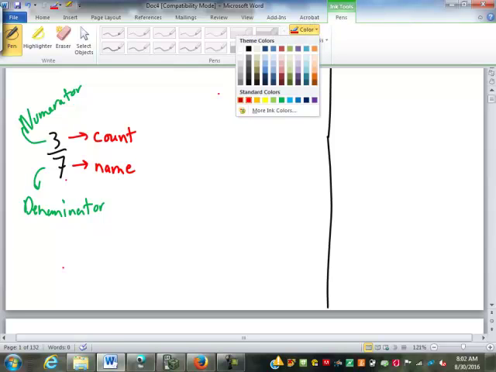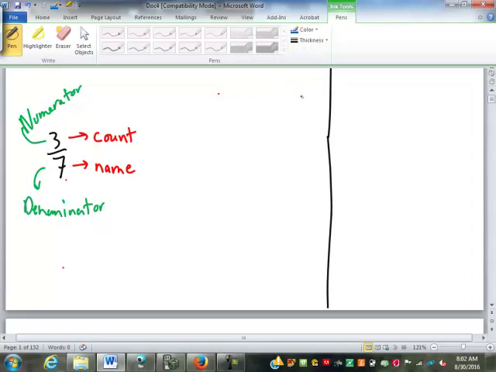So a fraction, or numerator and denominator, are just a count and a name. A lot of people look at these and they see two numbers, but it's not. It is a single number with two parts. Just like we might have 3 inches or 3 cows, here we have 3 of the 7ths. So the 7 is the name here.